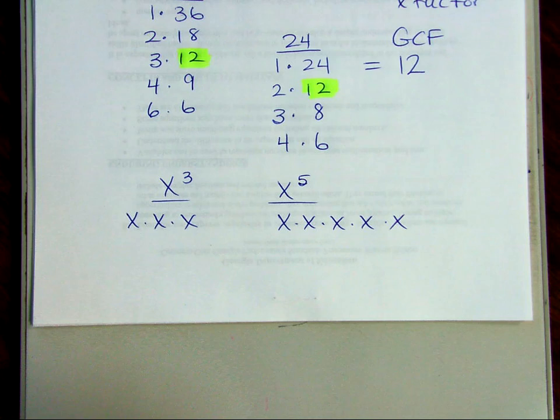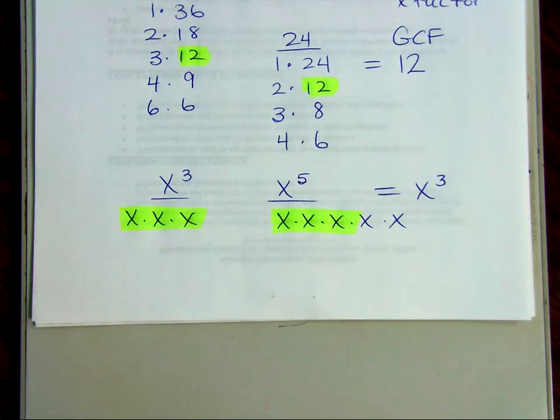Okay, so you remember that? Well, this isn't 4th grade anymore. It's high school algebra. So I want to know what the GCF of x to the 3rd and x to the 5th is. Okay, so this is where we apply knowledge that we've already learned to newer concepts in algebra. So the factors of x to the 3rd means I just multiplied x times x times x to get x to the 3rd, right?